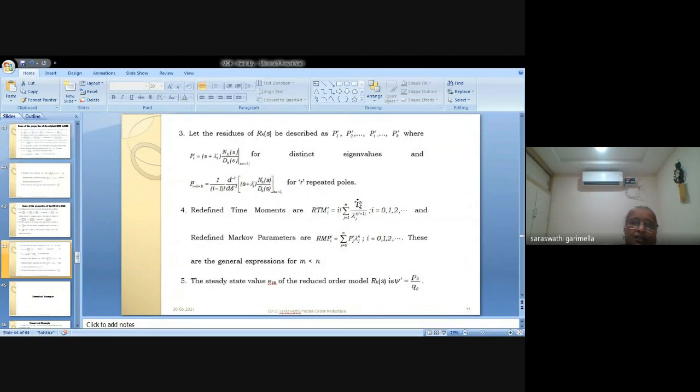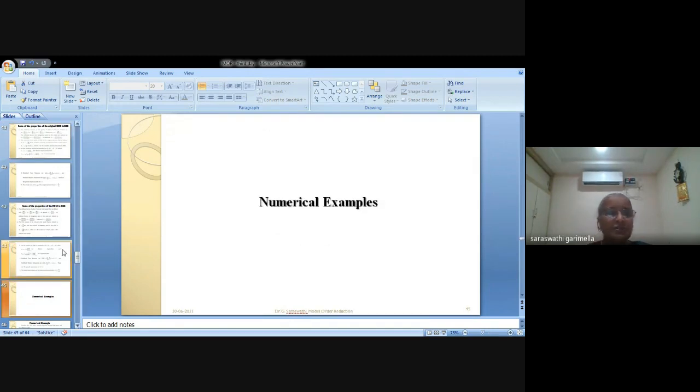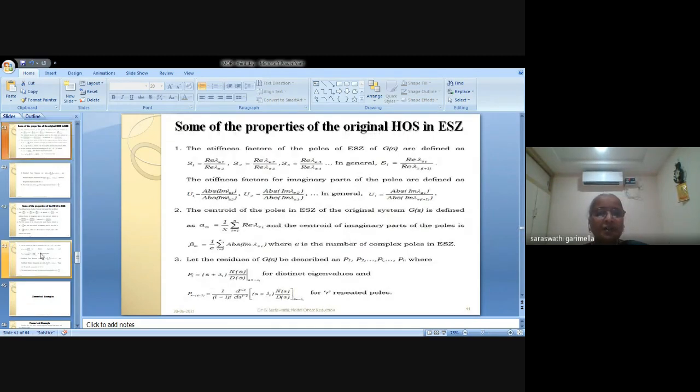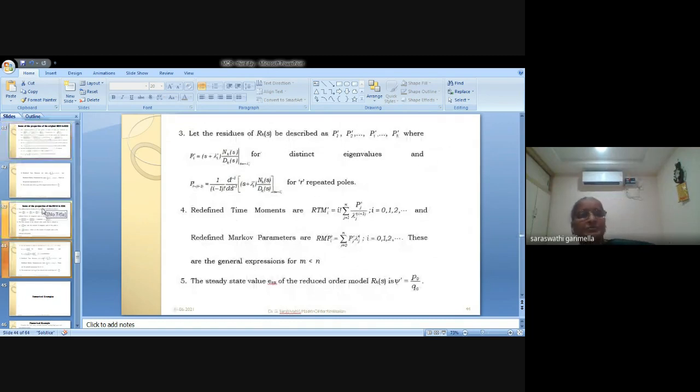And similarly, residues of the reduced order model, RTMs of the reduced order model, steady state. Actually you need not calculate all these things, but I wanted to prove something, that's why I defined them separately when I did my research. I wanted to say that both will be the same, the original I considered and the reduced I considered.